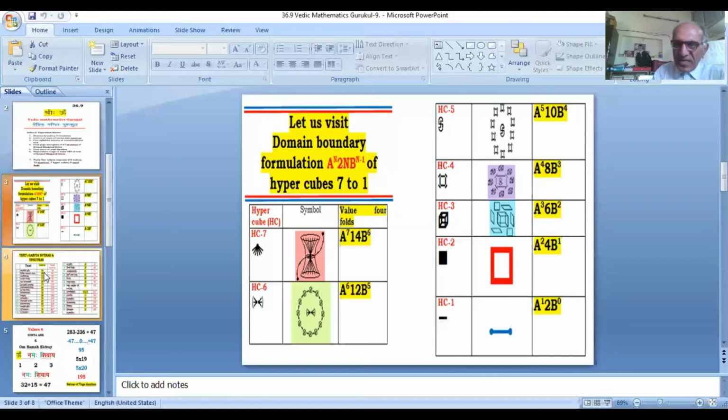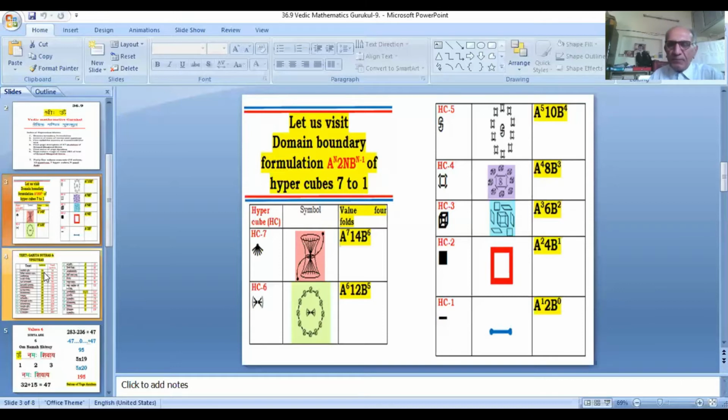In the previous session, we had focused upon quadruple folds: dimension, boundary, domain, and origin. Out of these four, today our focus is upon the middle pair of values, that is boundary and the domain. So two space hypercube 2 has domain boundary ratio a raised to power 2 is to 4b raised to power 1.